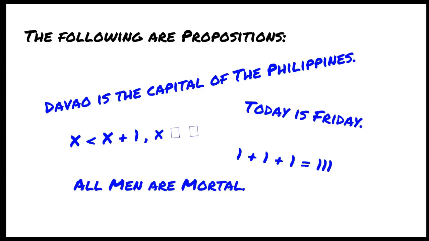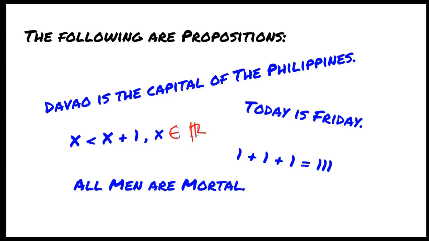Say x is less than x plus 1, where x is a real number, for example, which is true. And 1 plus 1 plus 1 equals 111, which is false. All men are mortal, which is true.